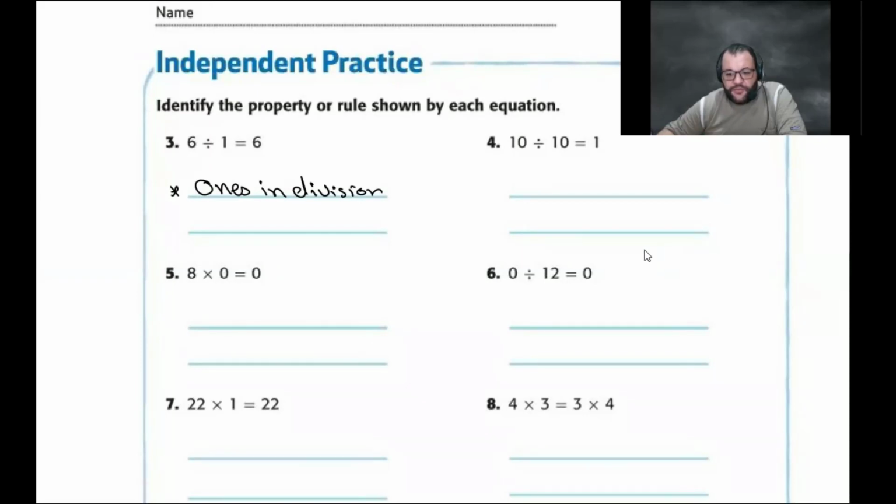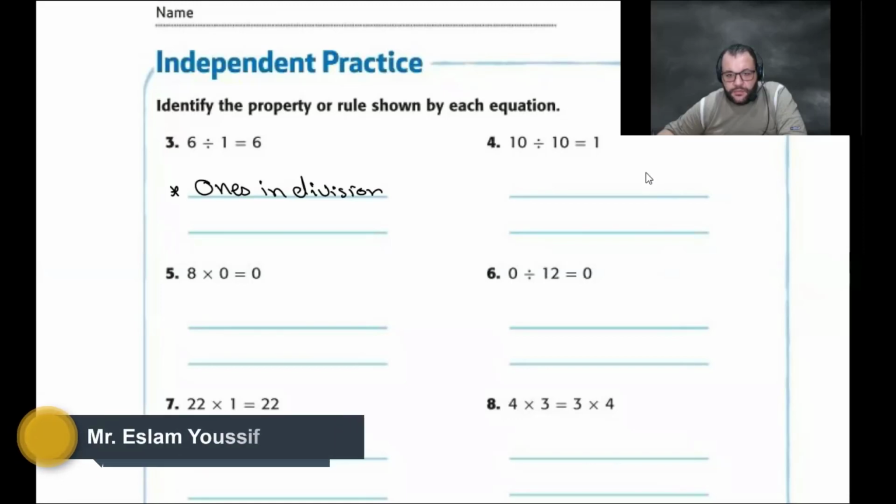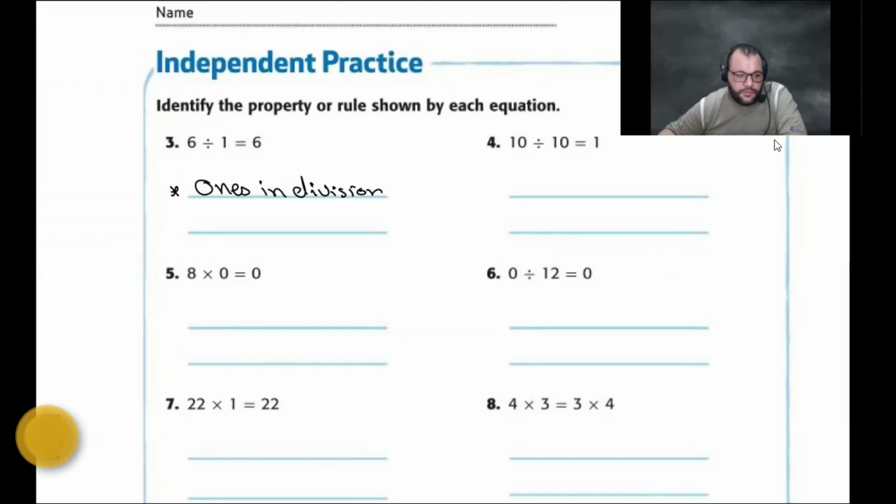Yes. A number that divides by itself. Divide a number by itself.